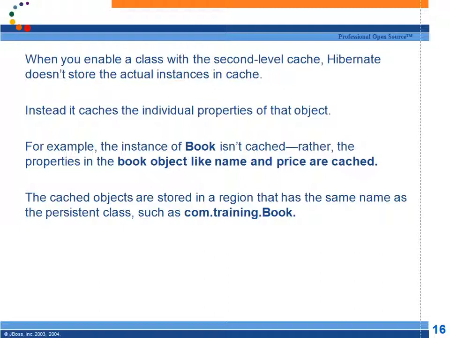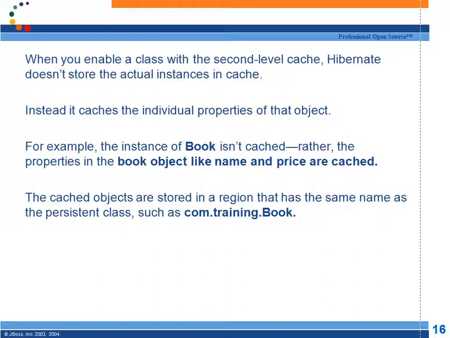Instead, it caches the individual properties of that object. Now you need to understand here, in second level cache, objects are not stored. Only the values of those objects are stored. For example, the instance of Book is not cached in second level. Rather, its properties like name and price are cached.